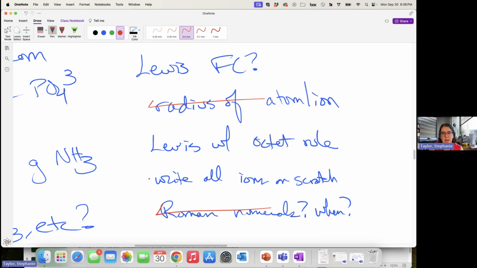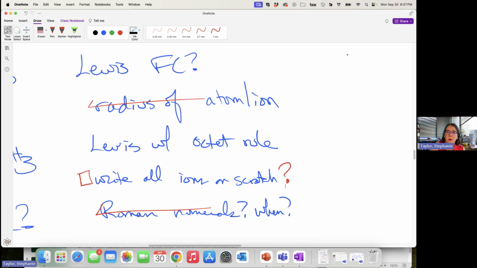So somebody asked, do I think it's a good idea to write all the ions on scratch paper? Yeah, I don't know. I know that that's not helping, but the truth is that it would depend on how fast you write. It also depends on if you're going to recreate and write them all down, or if you've got shorthand.